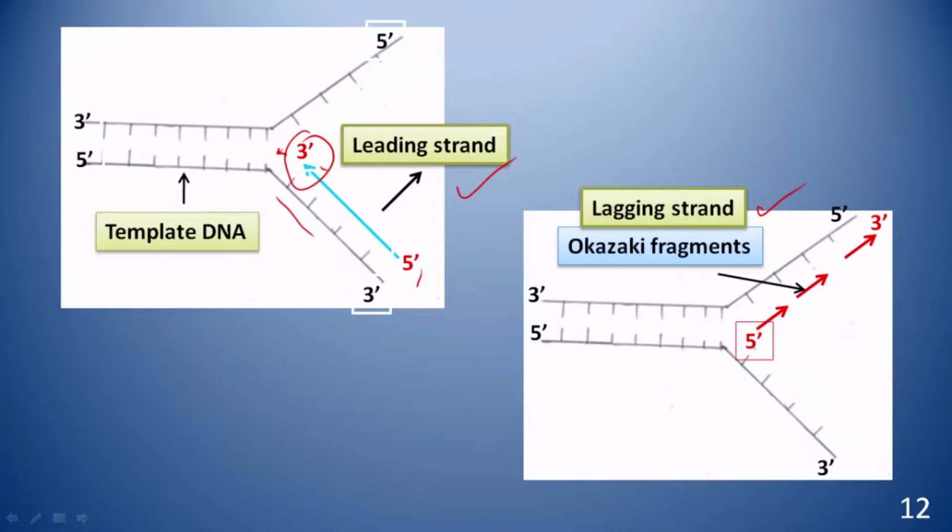But DNA polymerase can proceed only in the 5 prime to 3 prime direction, so it cannot use it as a continuous template. So how will it do this? Therefore short fragments are produced as the replication fork expands.